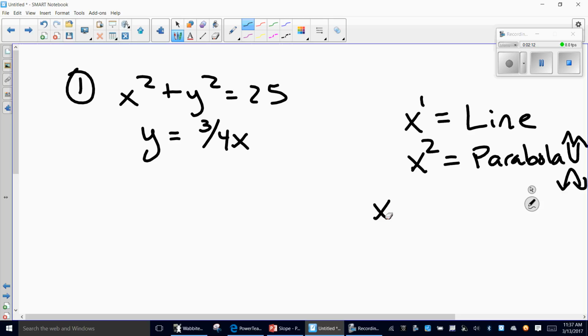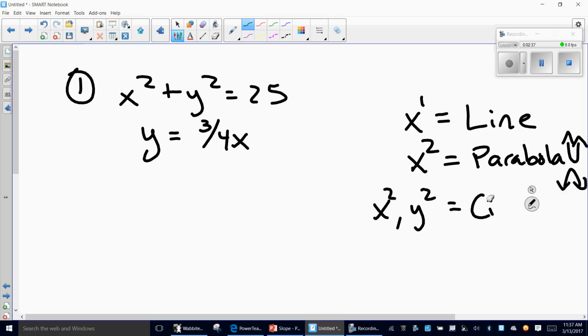If you have an x squared and a y squared in your equation, this is going back to geometry. Like x squared plus y squared equals 25 on the first one. Do we know what shape that will be? We learned an equation for this in geometry. What is it?